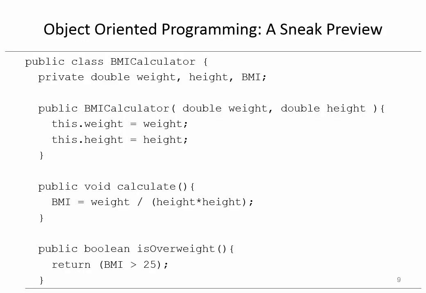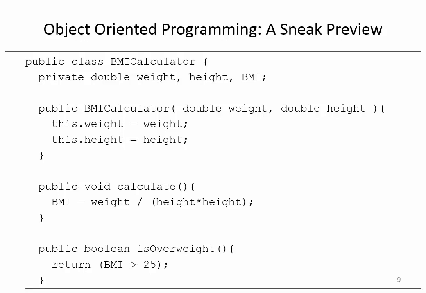Right now, it suffices to say that a class is a blueprint of a series of objects, and that a class is characterized by variables such as weight, height, and BMI in our case, and methods or procedures such as BMI calculator, calculate, and is overweight.